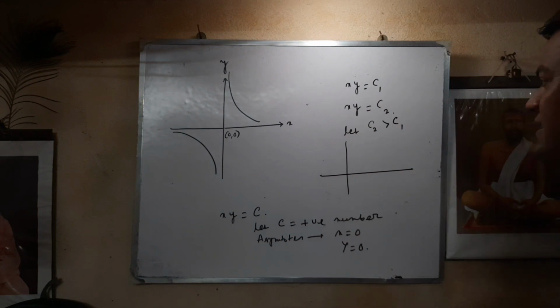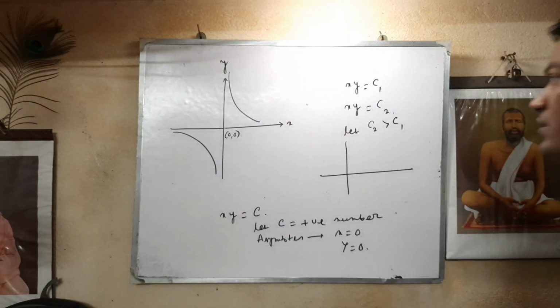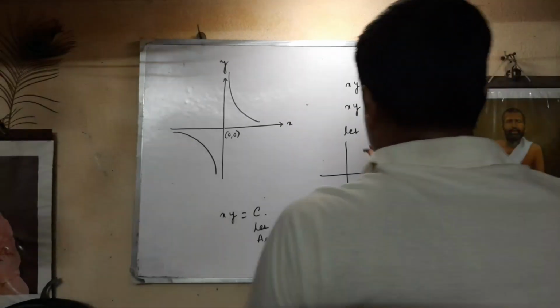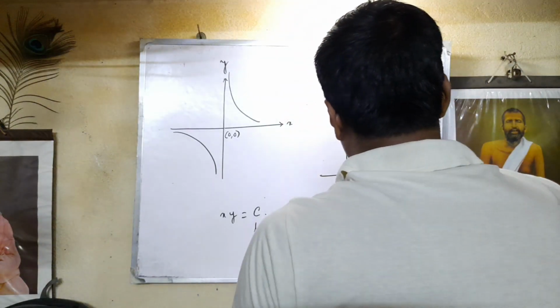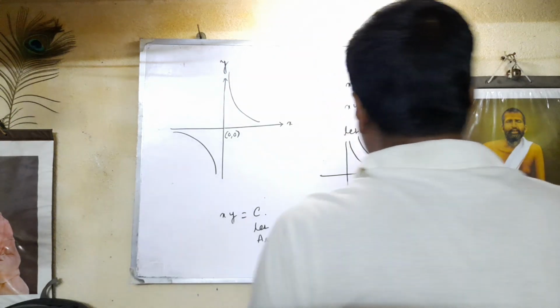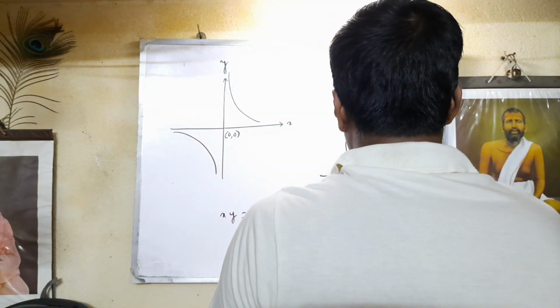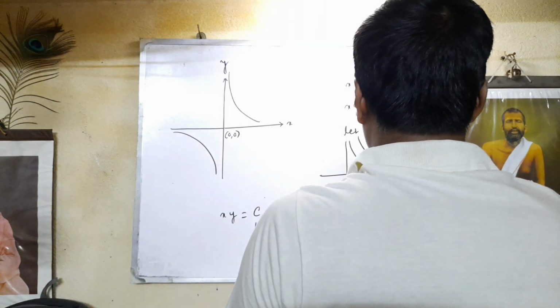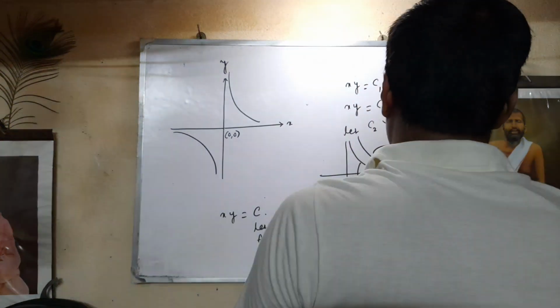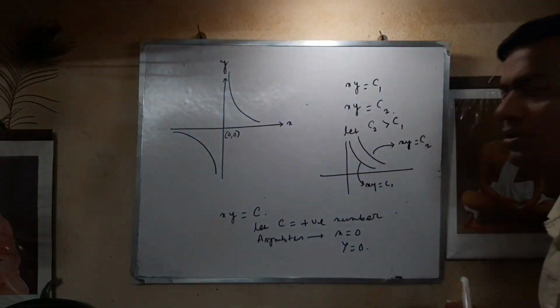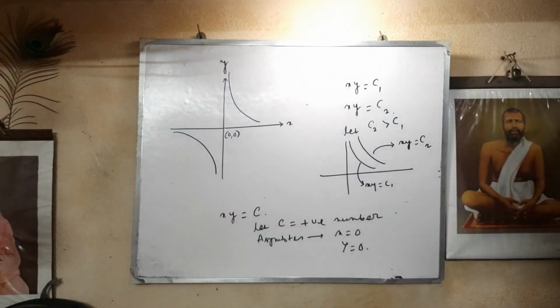From our previous discussion, it is also clear that the center will be at 0, 0, and the corresponding asymptotes will be x axis and y axis respectively. These are the two asymptotes. For this, it is xy equal to c1 and another curve is xy equal to c2. These two are the corresponding asymptotes.